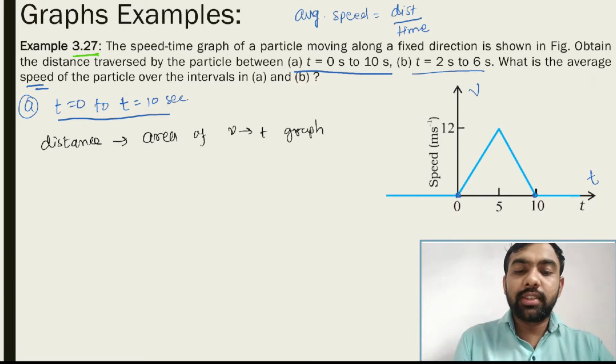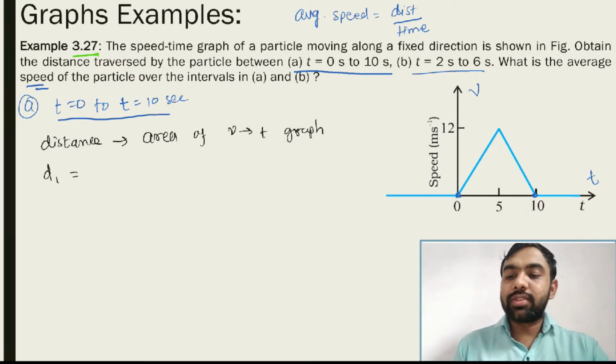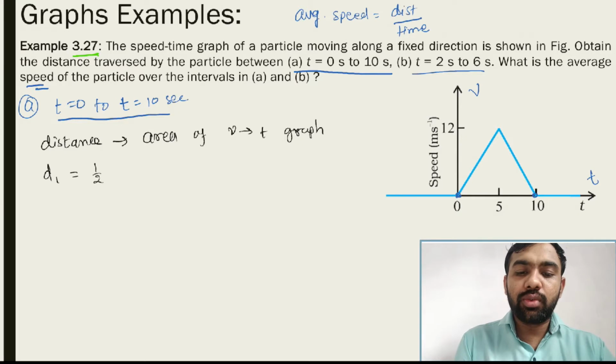In the first case, let's consider that distance d1 is a triangle, so 1/2 into base.